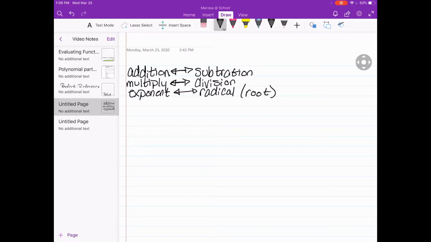So we're going to start working with using those roots, or those radicals, to undo those exponents. So we're going to label these notes as nth root radicals.